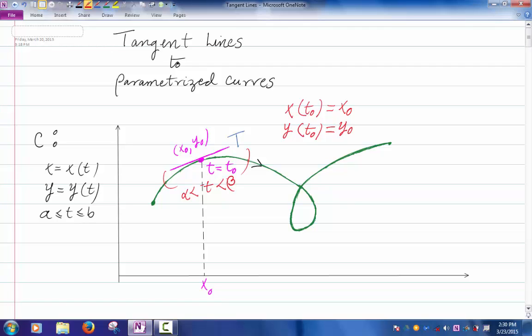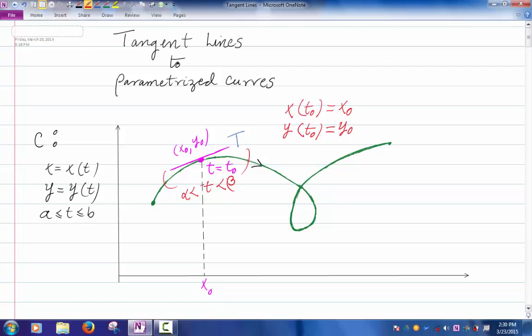Am I making sense? The portion that I picked around x0, y0, I'm going to assume that portion defines the y coordinate as a function of the x coordinate. How would I say that? Well, it satisfies the vertical line test, for example. Okay?